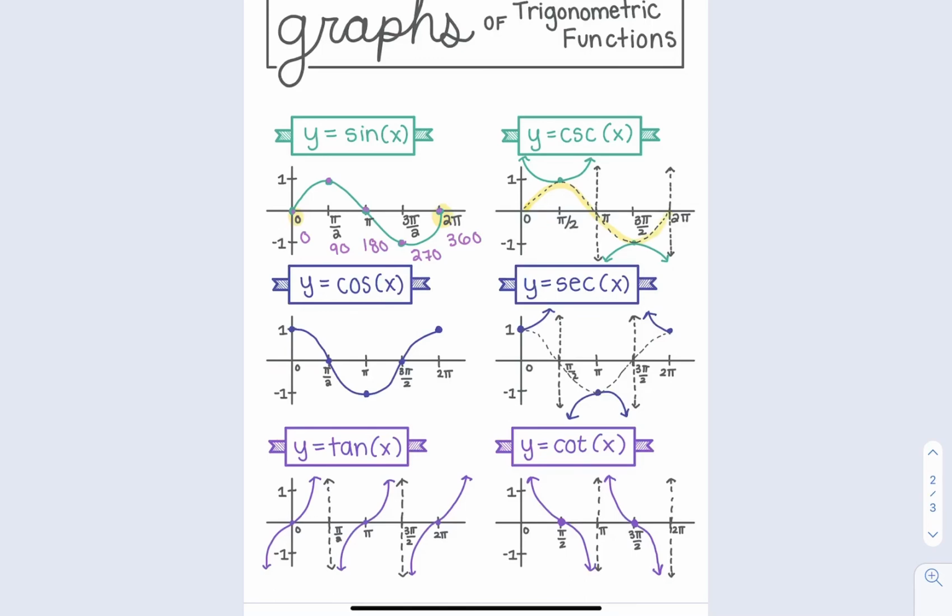Cosecant's 1 over sine, which is why it's flipped. Look at this dotted line. That's cosine. Secant is just cosine flipped. And lastly, cotangent's a little weird, but notice it's almost like a mirror flipped image of what's going on here with a little bit of a shift. So for now, all I expect you to do is be able to recognize the graphs of these functions.